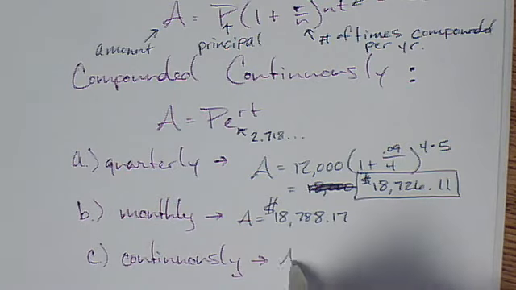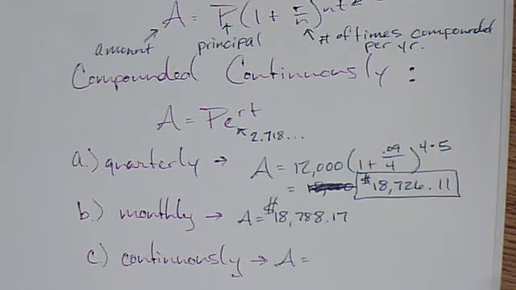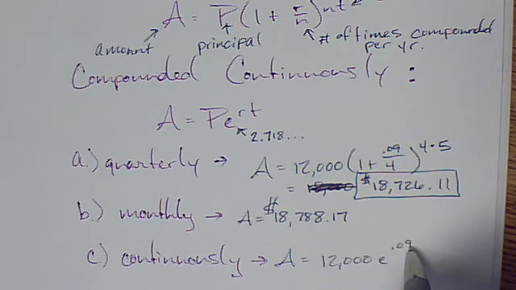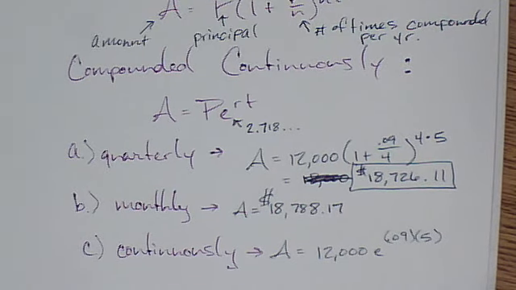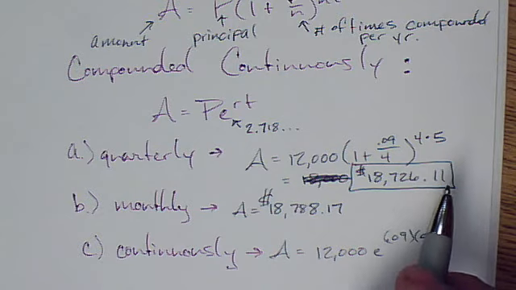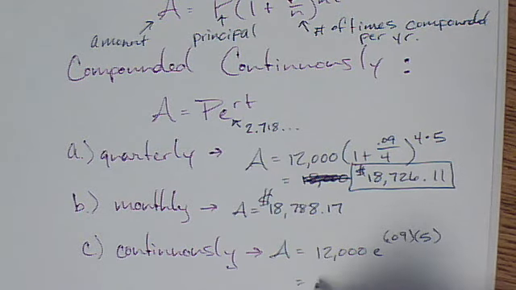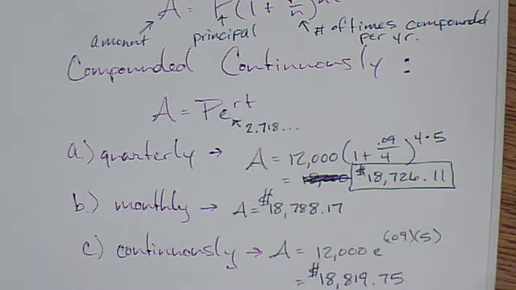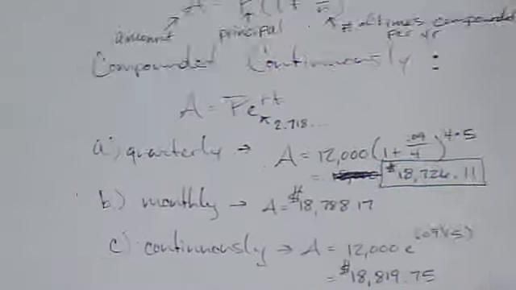And then continuously, we would say that we have $12,000 times E to the R times T. And you would plug that into your calculator, and you would get $18,819.75.